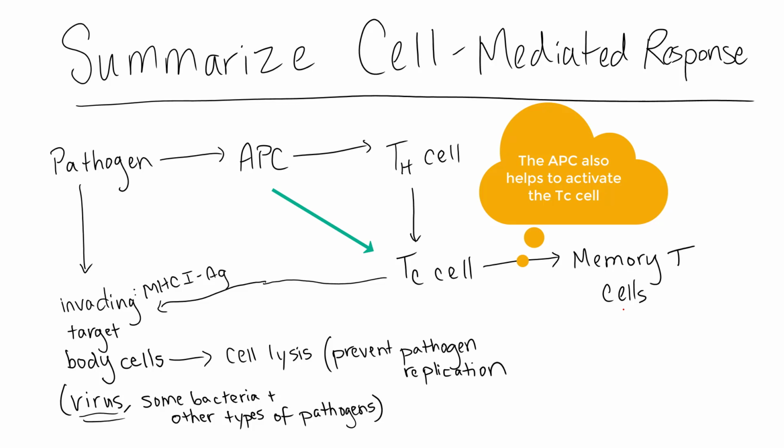In the event that the same virus invades, as long as it has the same antigen and hasn't mutated and changed its antigen components, the memory T cells will recognize that pathogen and eliminate it faster than normal, because we won't have to go through all of this antigen presentation and activation of helper T cells. They'll just go right in and start killing any body cells that are displaying MHC1 complex.